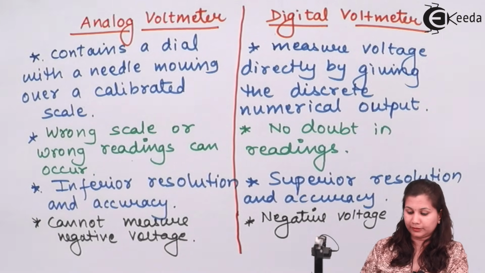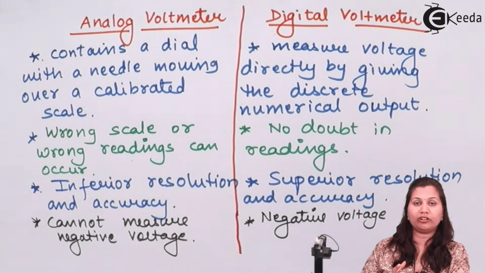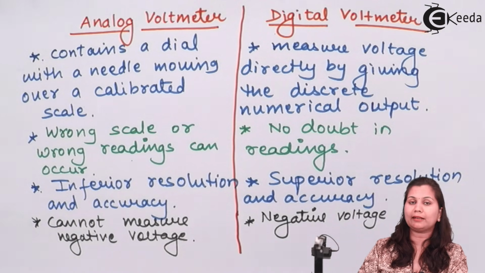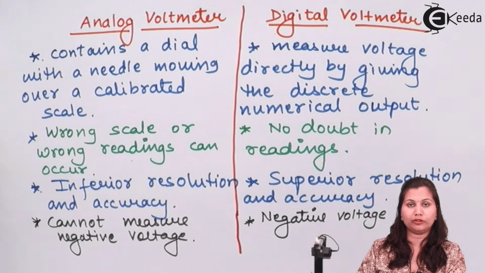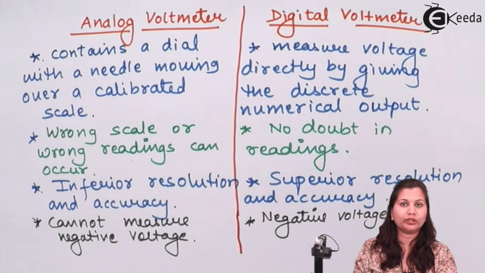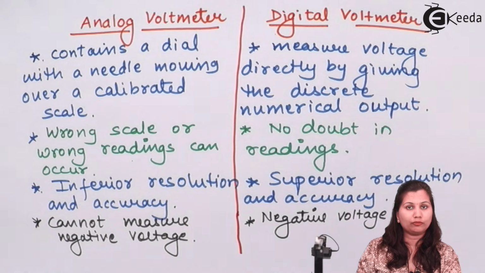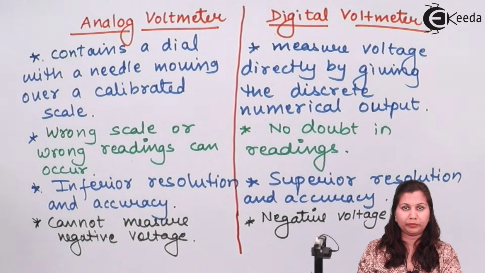So with analog voltmeters, we cannot use the instrument roughly, whereas digital voltmeters can be used roughly by the observer because no damage will occur if they fall from the table. So that is the difference between analog voltmeters and digital voltmeters.